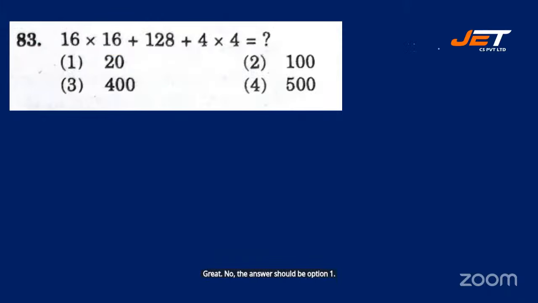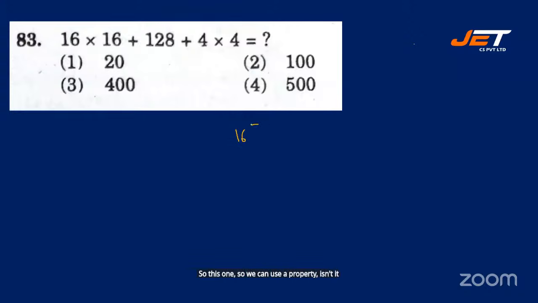Now see the next question. We have 16 into 16 plus 128 plus 4 into 4. So this also we can use a property, isn't it?